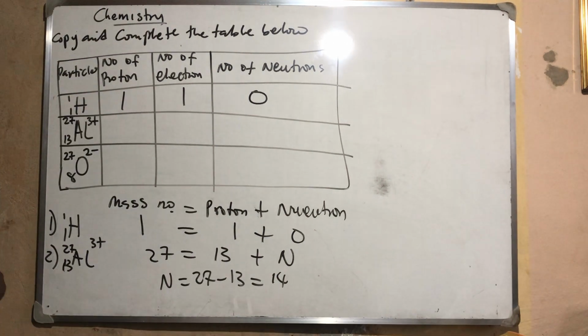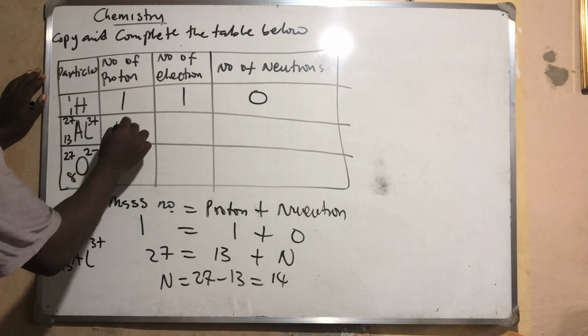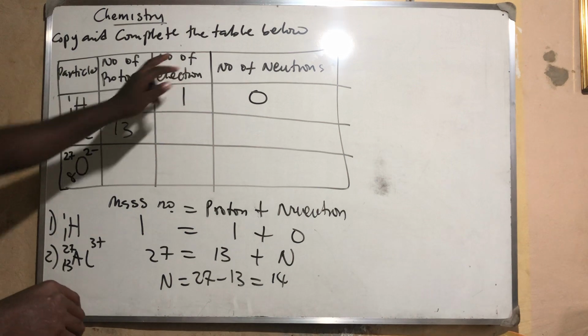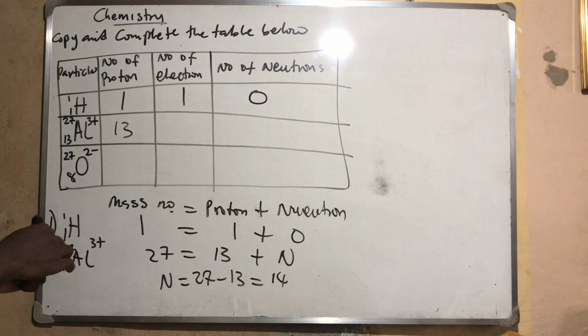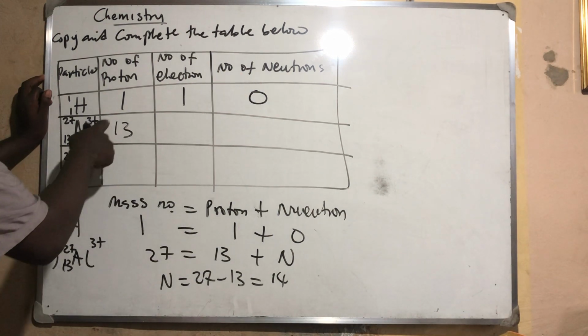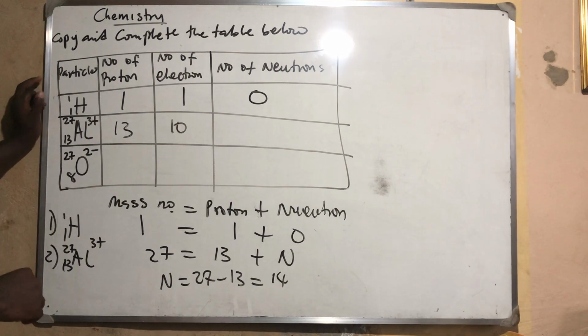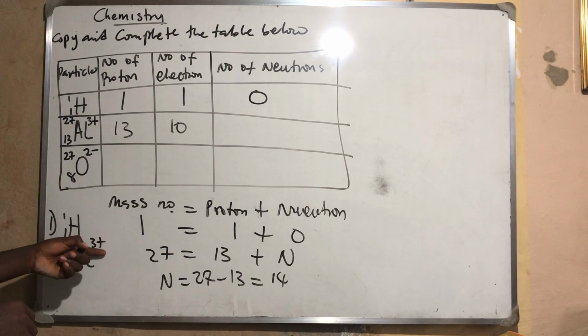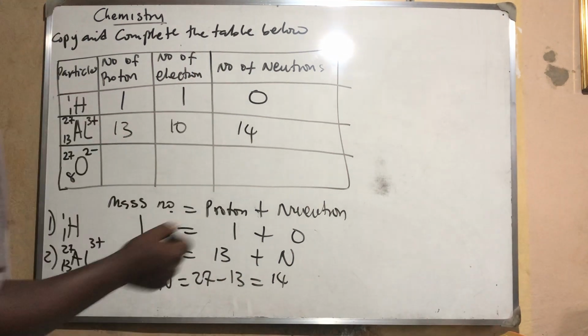Okay. So which means the proton number is 13. Now, the electron number shows that because he is plus, it means that he gave somebody 3. So if you remove 3 that he gave somebody from here, he will have 10 remaining for him. That is the meaning of this 3 plus. Then the neutron number, we have gotten it to be 14. Very simple.